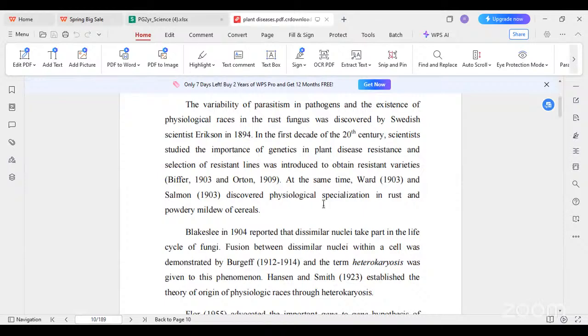The variability in parasitism of the pathogen, and the existence of physiological races of rust fungus, was discovered by the Swedish scientist Eriksson in 1894.